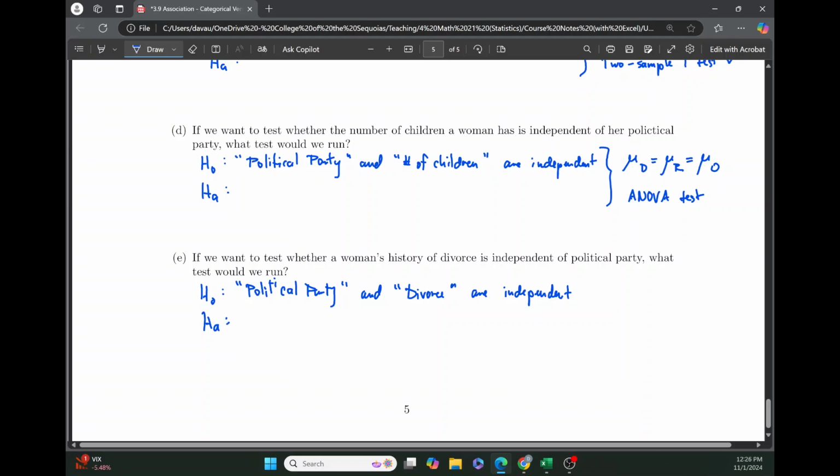Okay, the alternative would be that they're dependent. And I'm not going to try to write down what that would look like in terms of, well, we could. So it would be a homogeneity of proportions test.